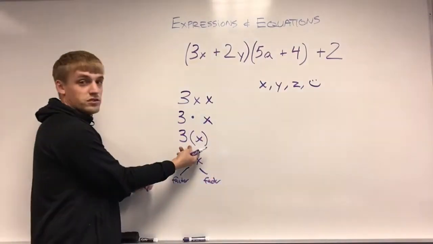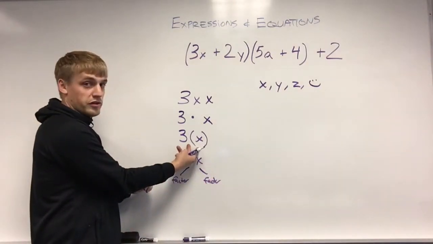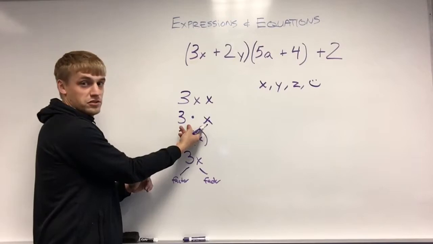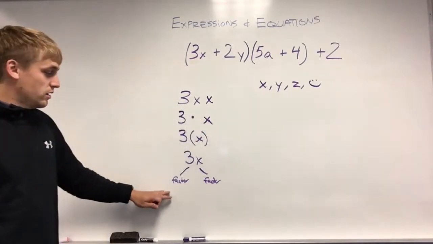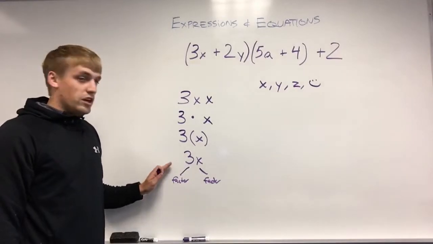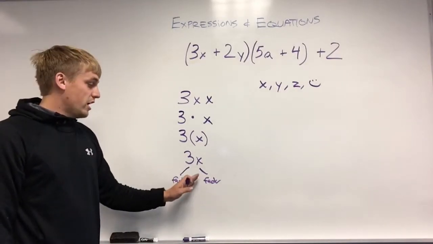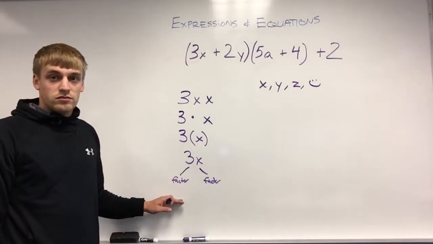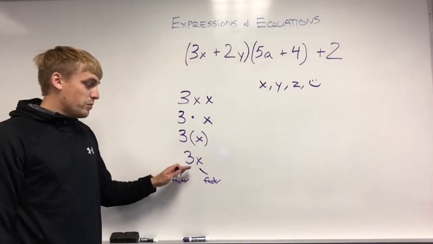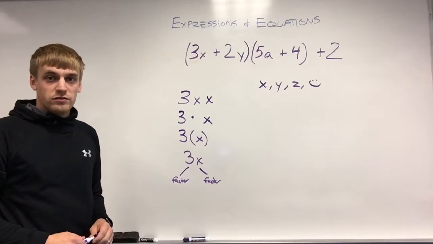Just like this term has 2 factors, and this term has 2 factors. If we were to plug a number in for x, we would multiply those numbers, because this represents multiplication.